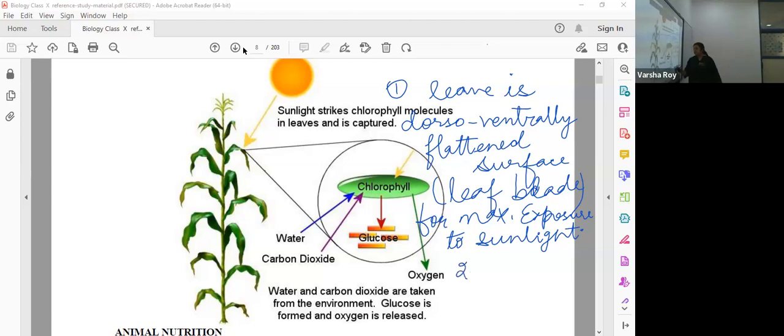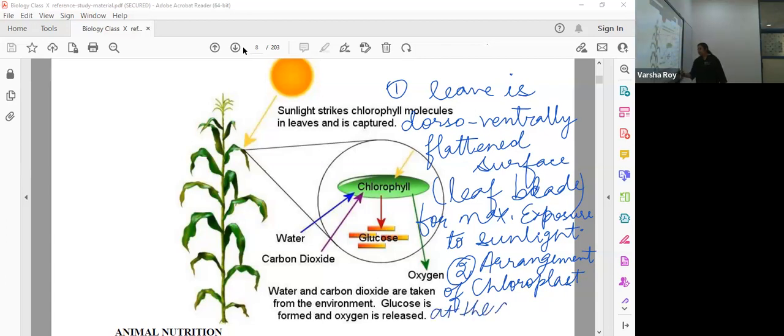Then the second point is the arrangement of chloroplasts, which contain thylakoids, at the corners for maximum exposure or trapping of sunlight.